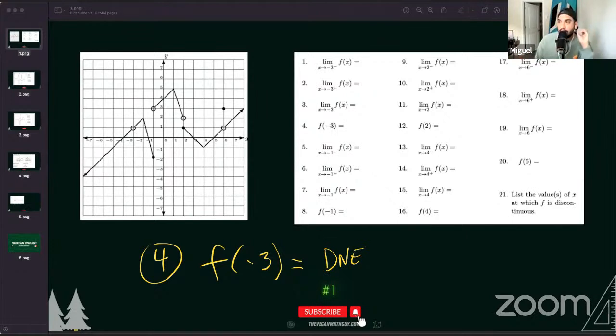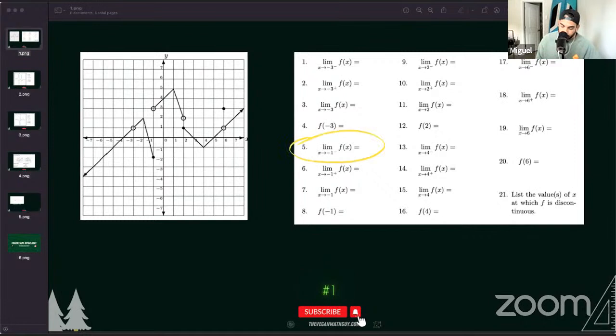And that's the difference that you should understand: even though the function does not exist, the limit can, because it's approaching something. That's what it means for something to be approaching a value from the right and from the left. So that's why limits are important, because we're observing the behavior of the function as it's approaching a specific value. Let's go to number 5.